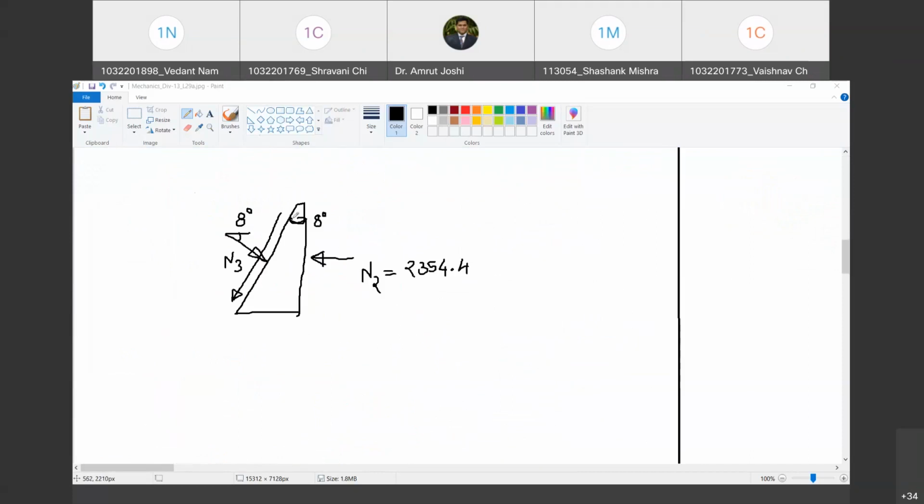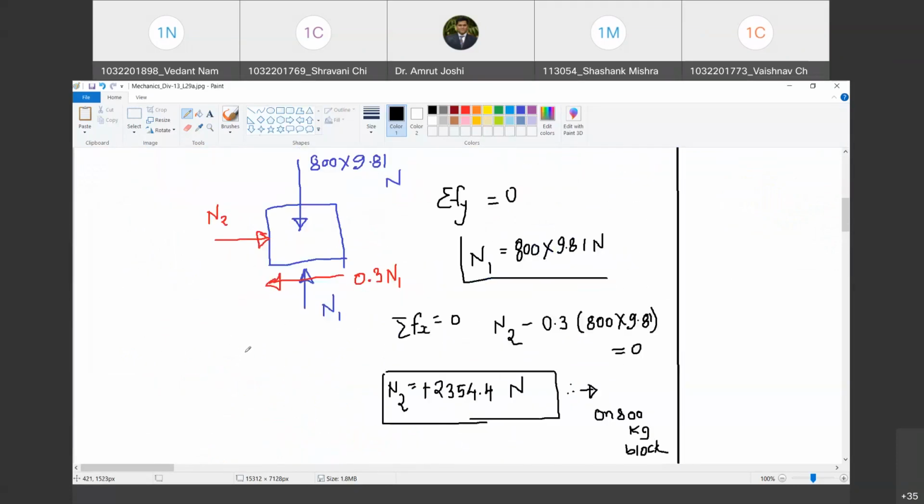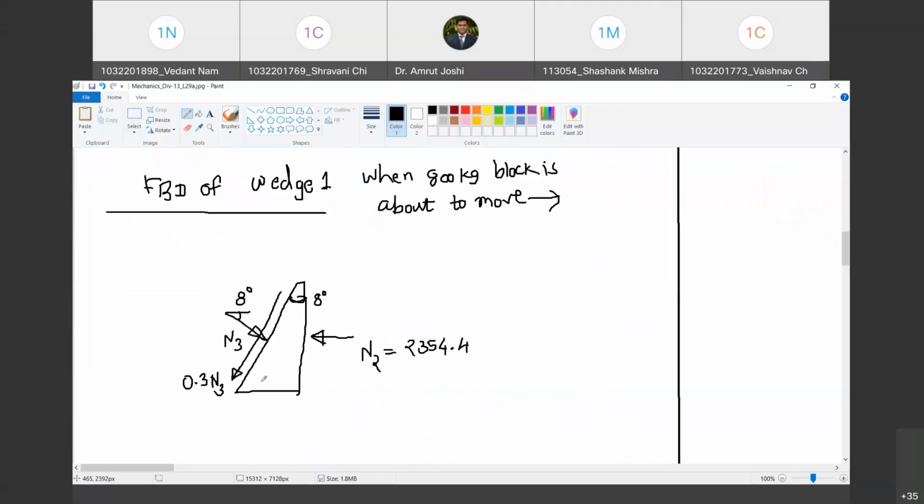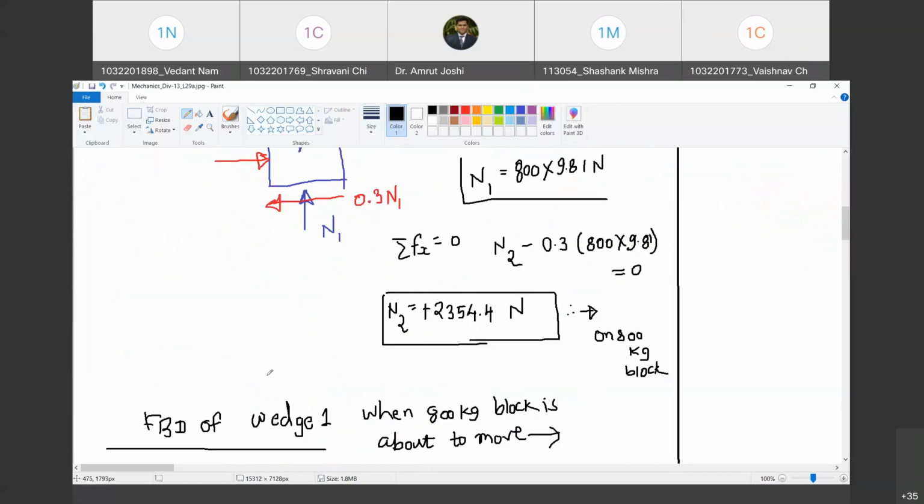That is, it will go down. Happy? Yes, sir. And it is on verge of motion. So as the block is on verge of motion, this frictional resistance must be maximum, and it must be the coefficient of static friction, which is the same across the surfaces in contact, and it will be 0.3 times N3. Therefore, do you agree with me? Yes, sir. Okay. What else should be there?